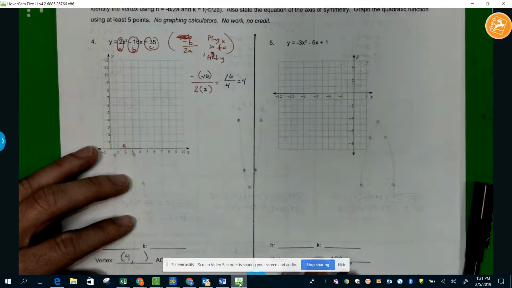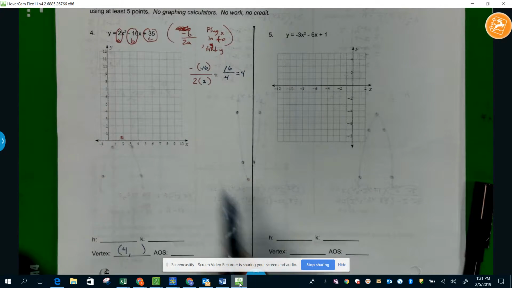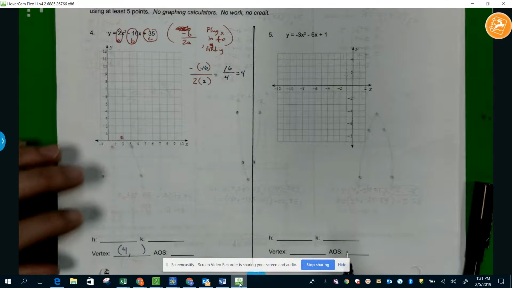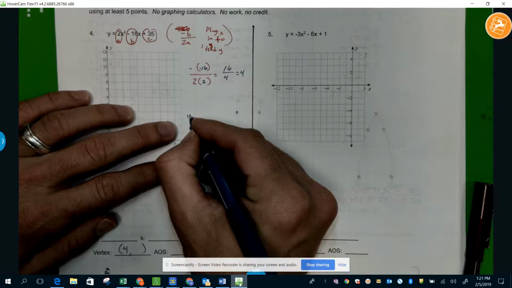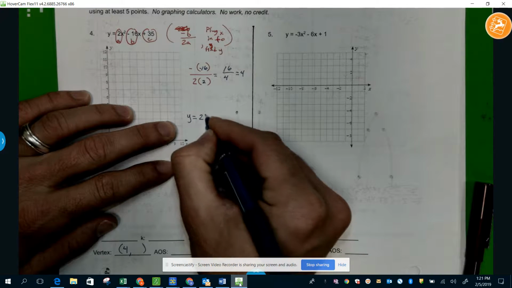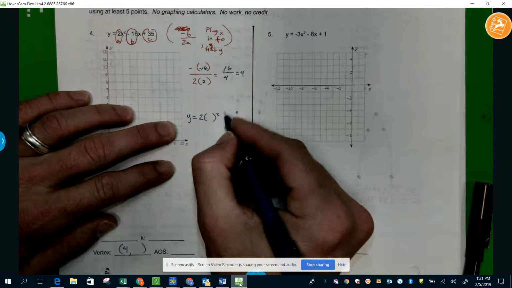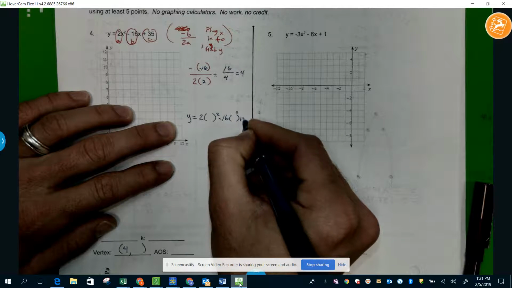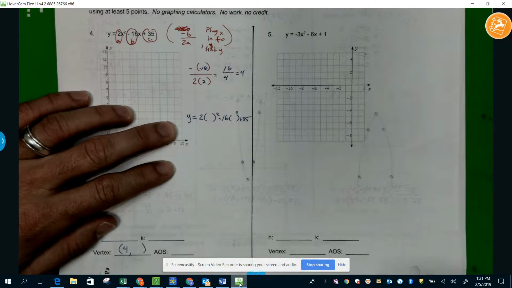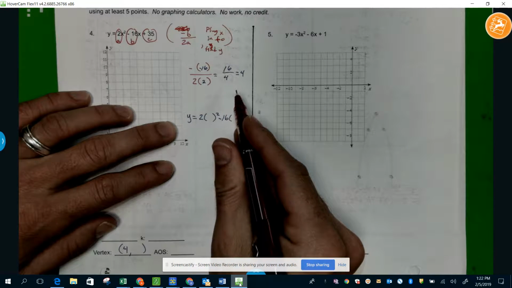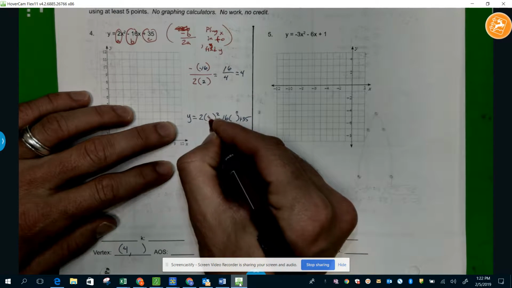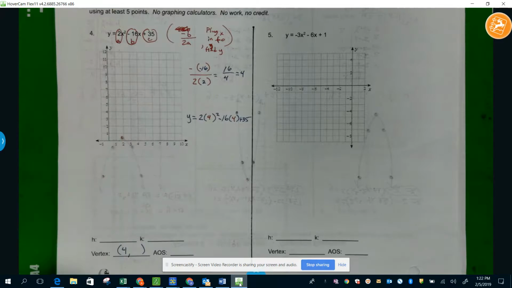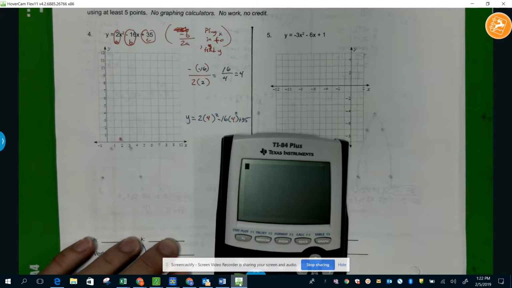So we're going to take that 4 and plug it into our original equation to figure out our y value. So y equals, I'm going to rewrite the original equation, but instead of x's, I'm going to use parentheses: 2 times parentheses squared minus 16 times parentheses plus 35. I'm plugging my x value of 4 into those parentheses, and I'm going to use my calculator here.